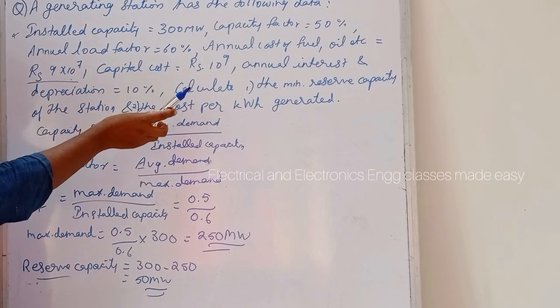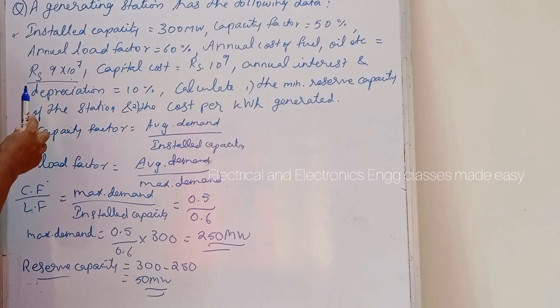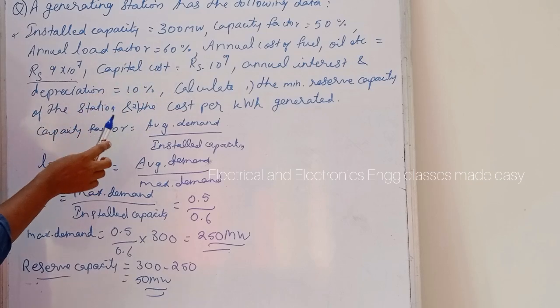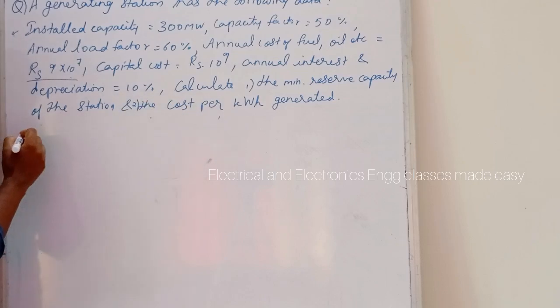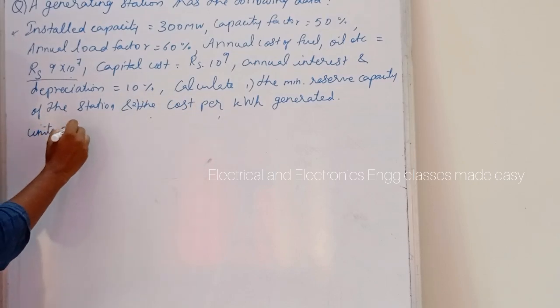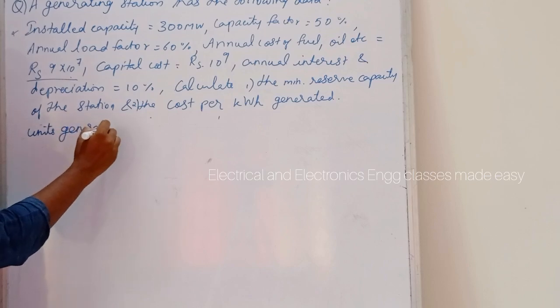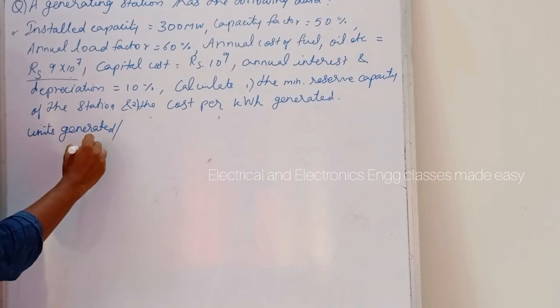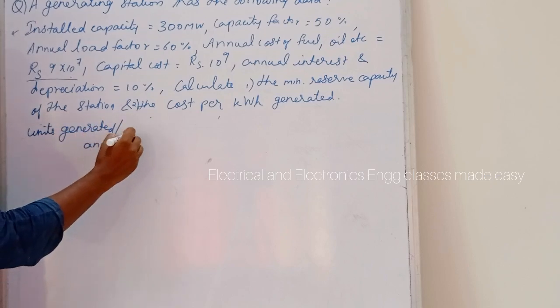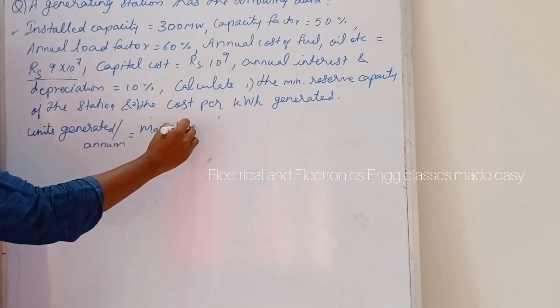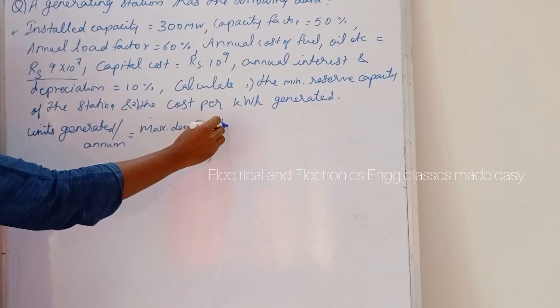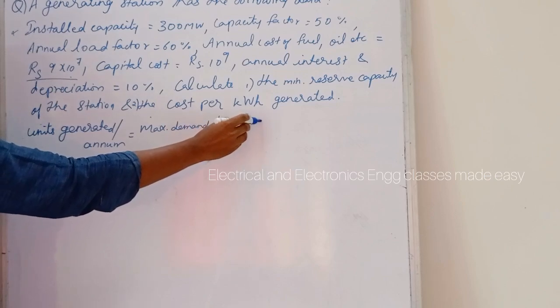And here the units generated is not given, so we have to find the units generated also. So first of all, find the units generated. So units generated per annum is equal to maximum demand into load factor into hours in a year.